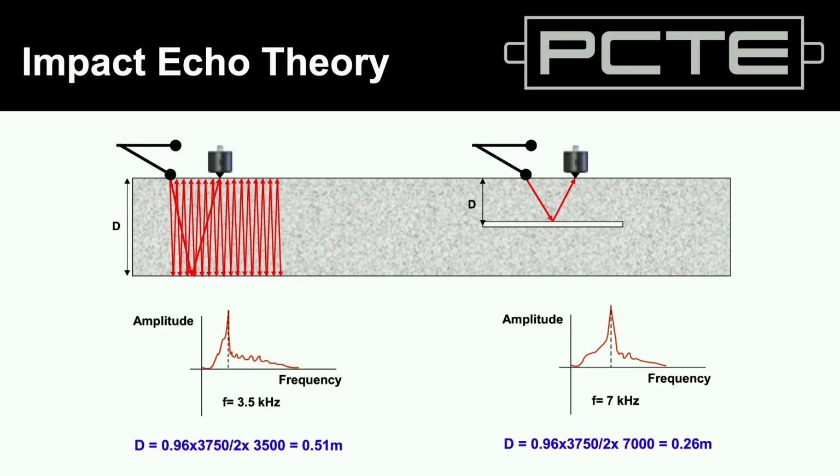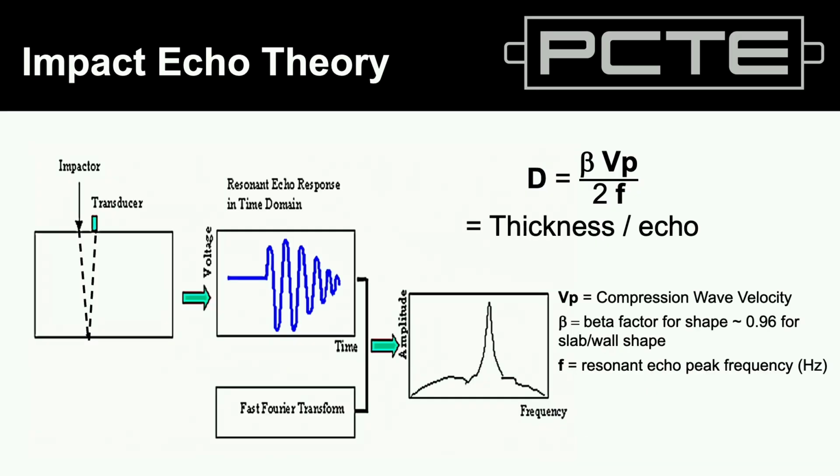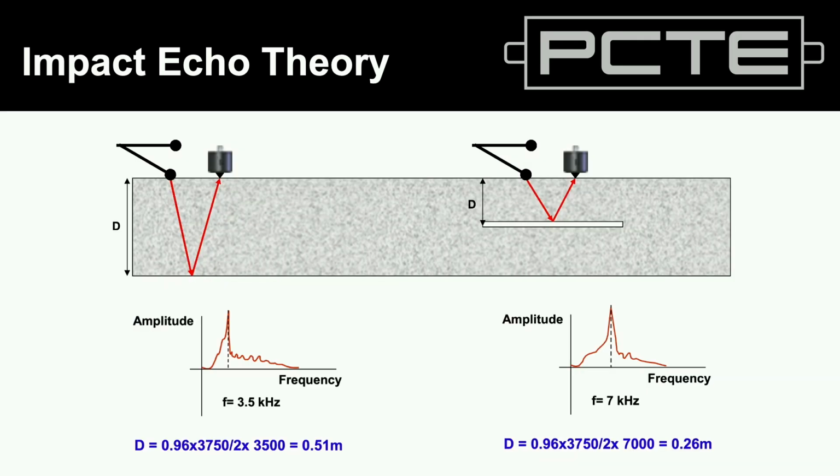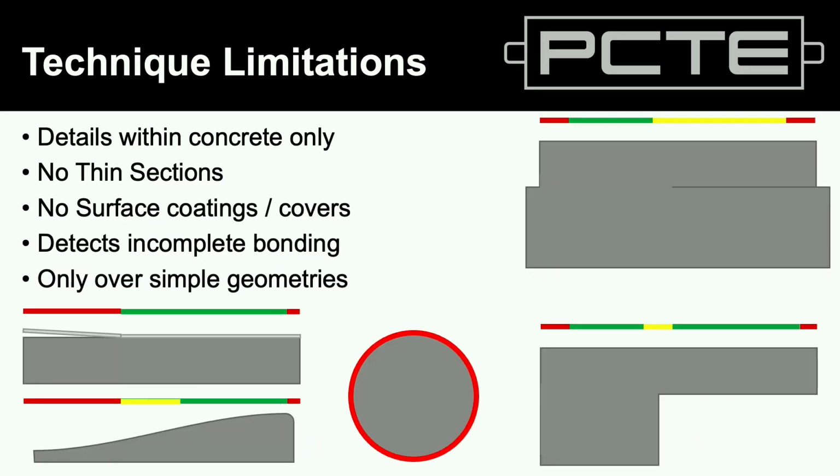And our practical output is a chart that shows the frequency from that strike. So that's the one thing I argue with on that particular drawing, is the output is a repeating signal, essentially a conglomeration of sound energy. We can extract frequency and thickness from that. It's not an echo as such. The name is misleading. It's a resonance test.